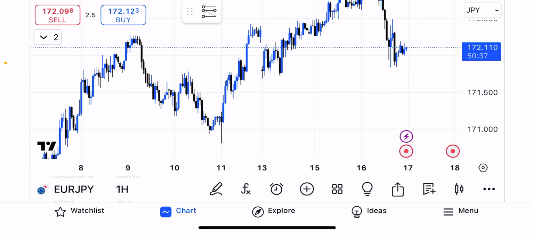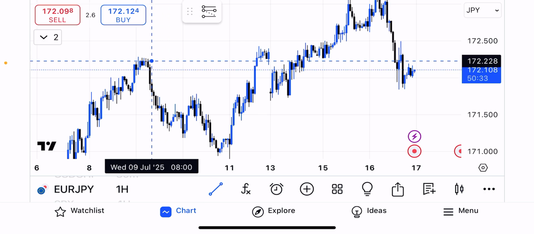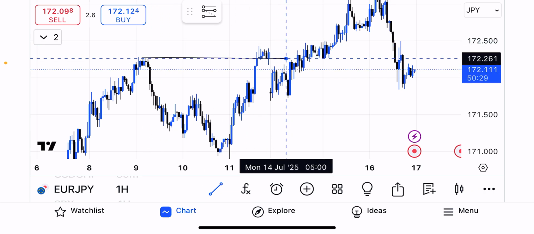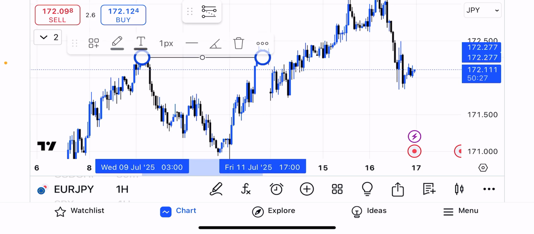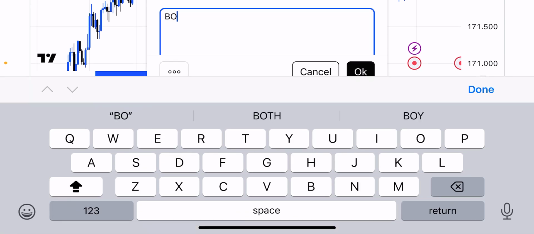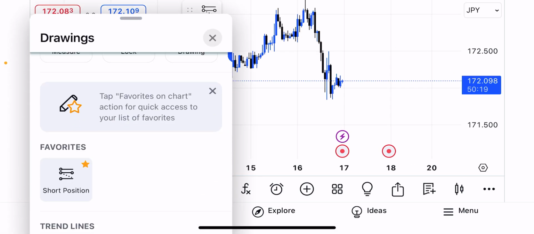Firstly, let's indicate it. Price is breaking structure towards the upside. Break of structure.